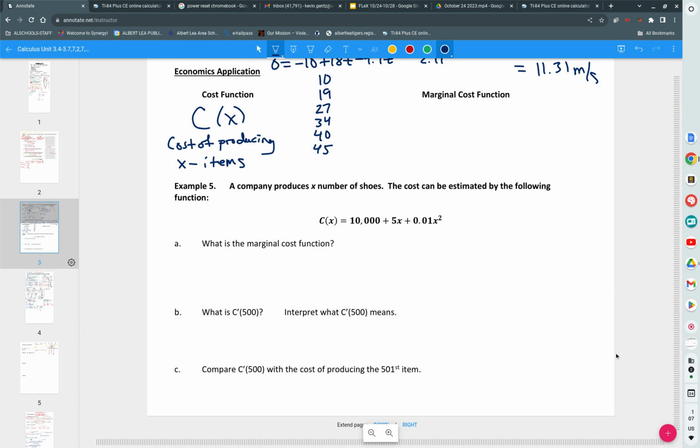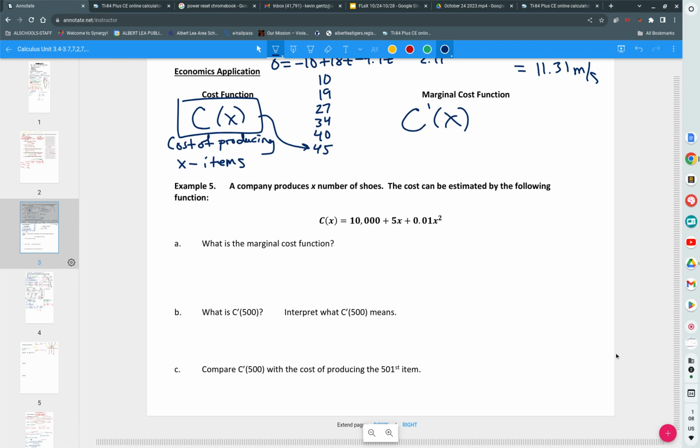Everybody see that? So the cost function we call C of X. That is the cost of producing X number of items. So in this case, the cost of producing 6 would be 45. But what we refer to as the marginal cost function is what we call C prime of X, the derivative.